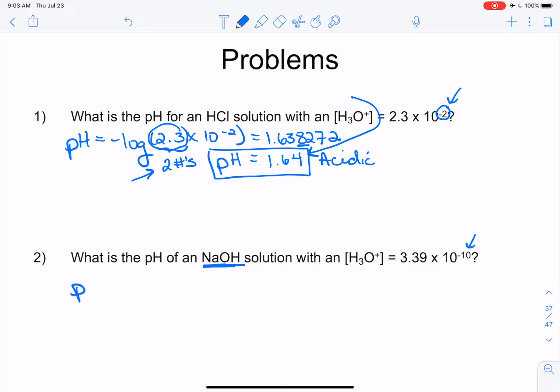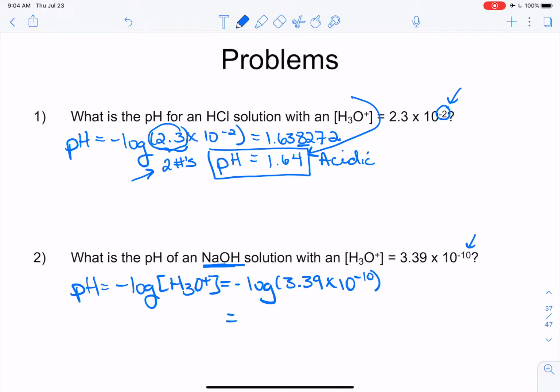So again, we go ahead and we write our equation. So pH equals -log of the hydronium concentration. So we've got -log of 3.39 times 10 to the -10.